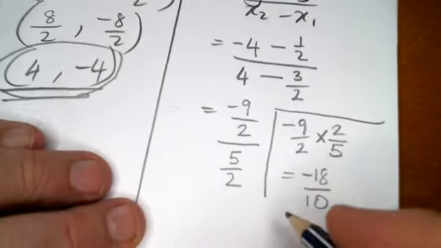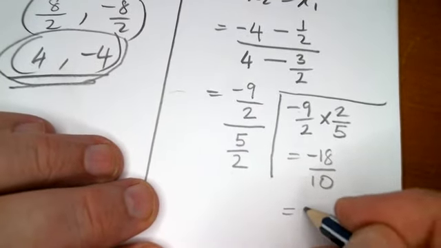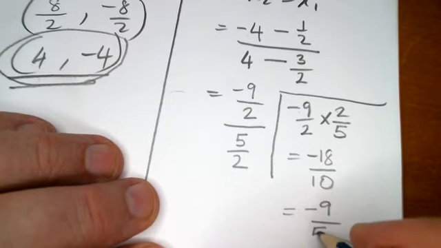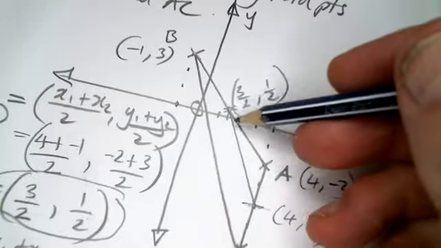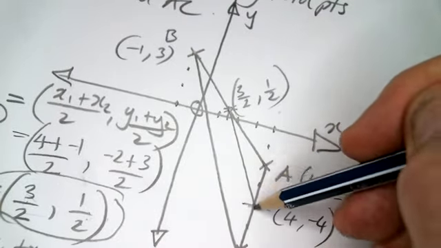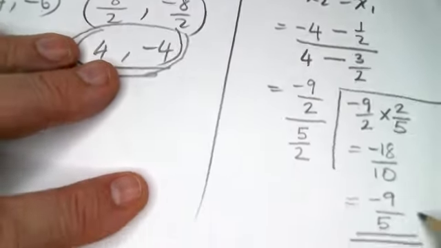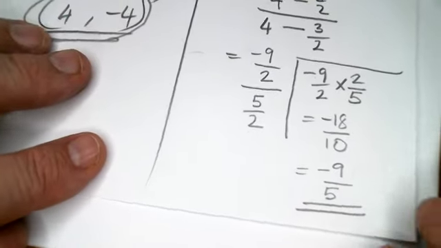And -18 over 10 is equal to -9 over 5. And that is the gradient of that line here. So that's the gradient. The m value is -9 over 5. And that's my solution.